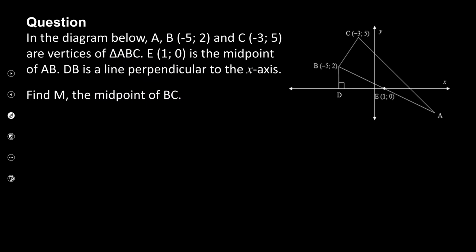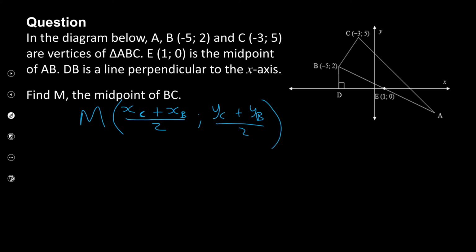They say find M, the midpoint of BC. So to find the midpoint of BC, M will be XC plus XB over 2, and then YC plus YB over 2, right?